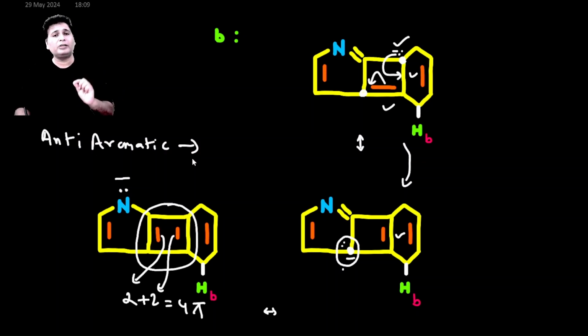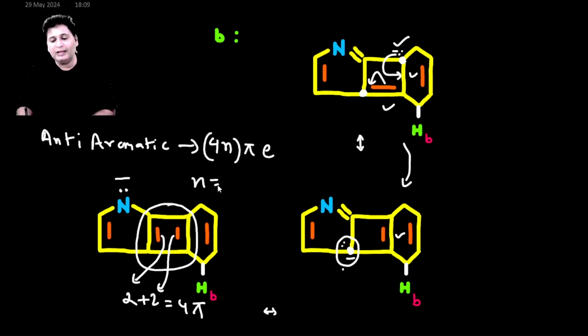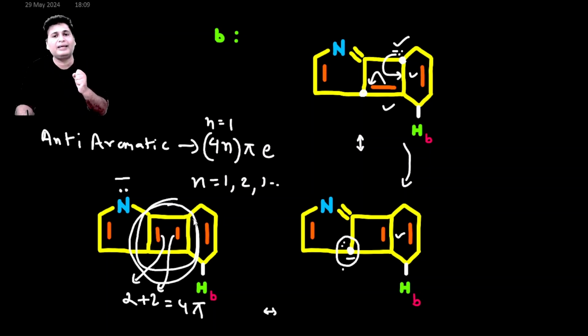Cyclic it should be, the part should be cyclic, flat, with cyclic conjugation, but instead of the 4n plus 2 rule, now you have to follow the 4n pi electrons rule, where n cannot be 0, it should be 1, it can be 2, 3, and so on. So if you put n equal to 1, you immediately get a figure of 4 pi electrons. That was the issue I was indicating towards, that this part is basically giving you anti-aromatic character.